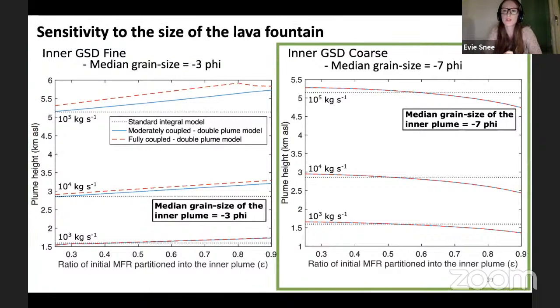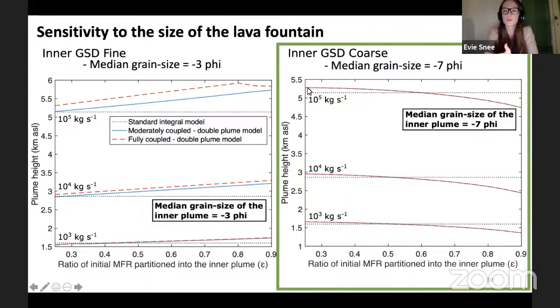In contrast, when the grain size distribution is coarser, defined this time by a median grain size of -7.5, we see the opposite trend. This plot is the same as before, with the ratio of initial mass flow rate on the x-axis and the plume height on the y-axis, and we've got the three different eruption sizes.